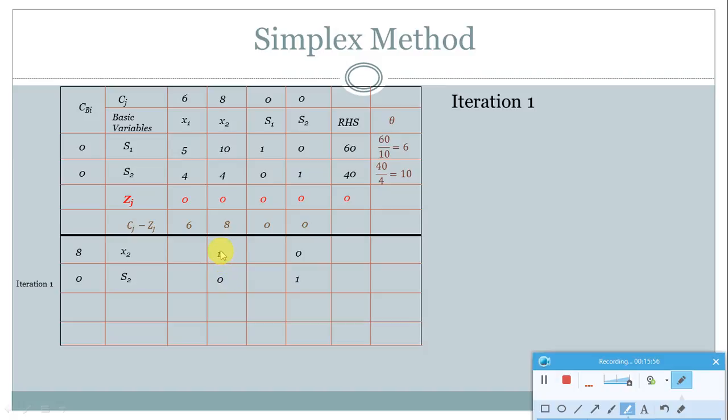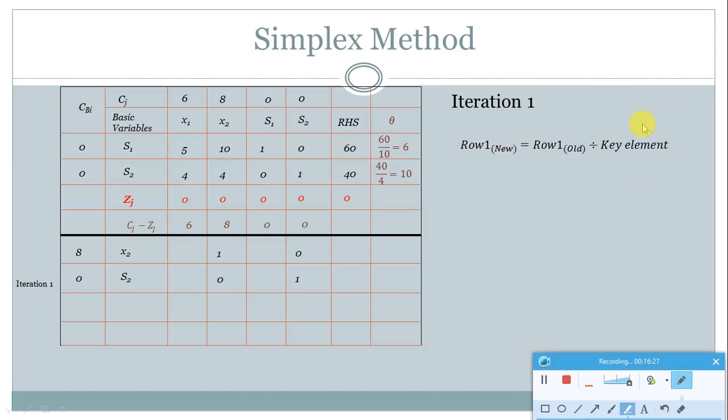That means we need to obtain the values here, 1 0 1 0. These values are obtained by performing these two operations. For row 1, this operation will be performed.